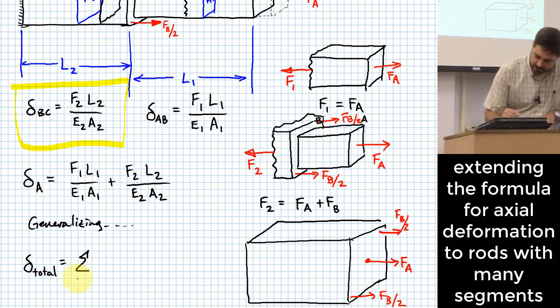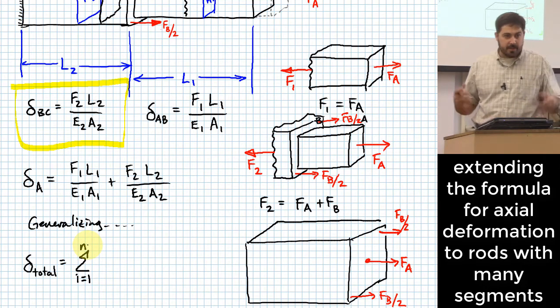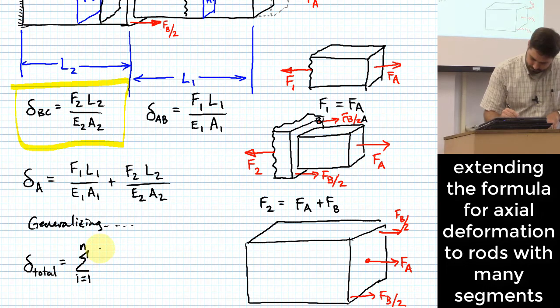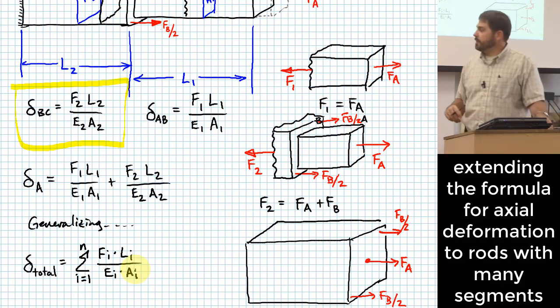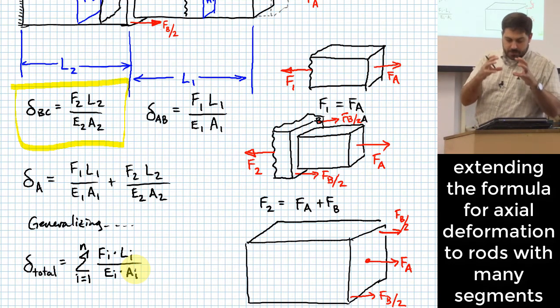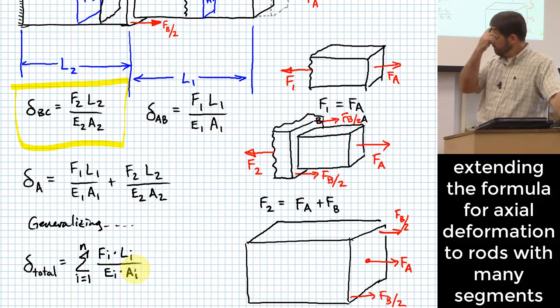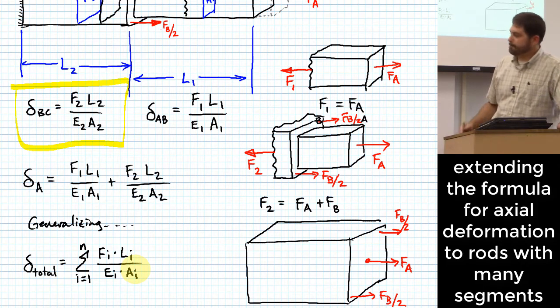We'd need an index to sum things with, so I'm going to use i equal 1 up to n, n being the number of segments that we have to think about. And then what do we put in here? Fi times Li over Ei times Ai, where you basically use the little index to indicate the force, length, elastic modulus, and cross-sectional area for each of the segments. Okay?